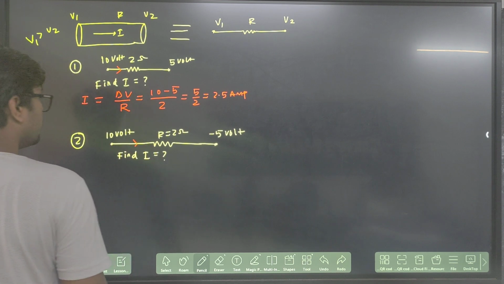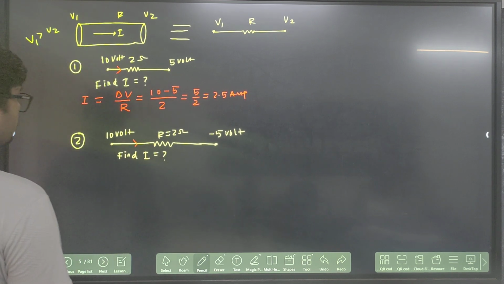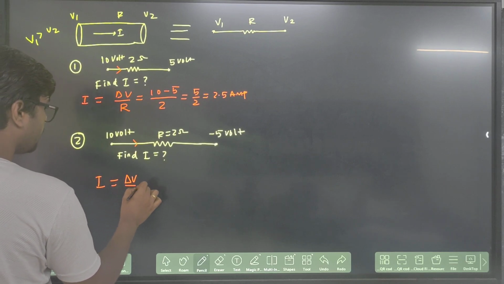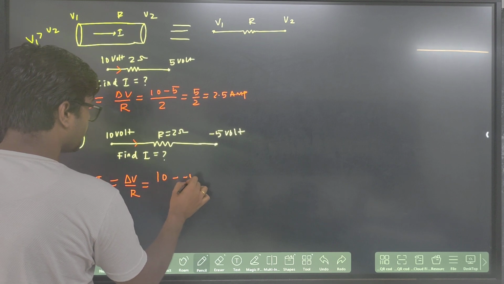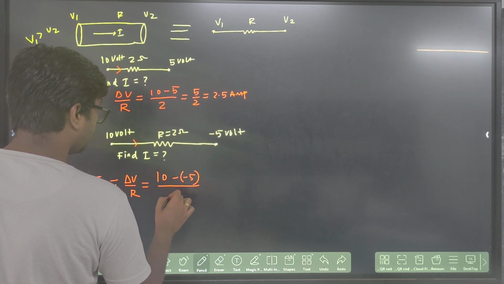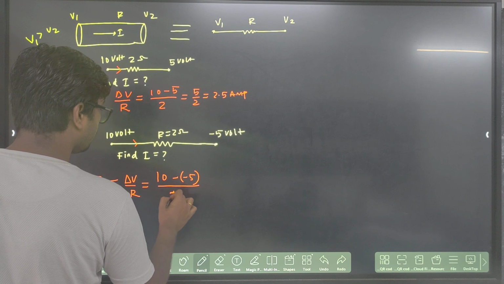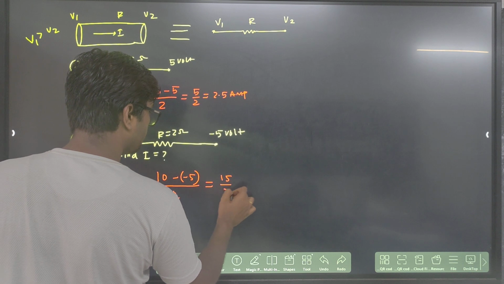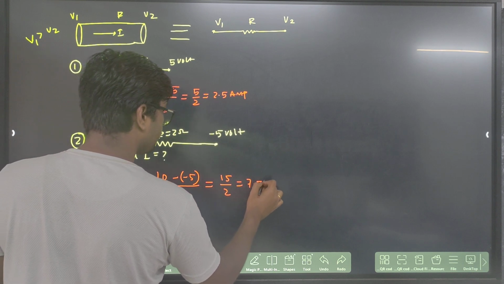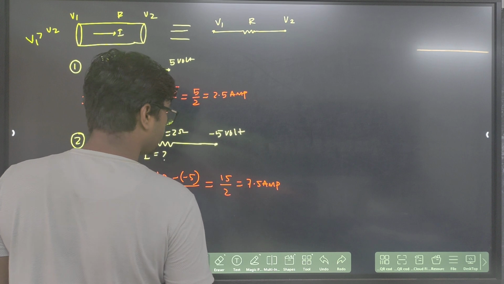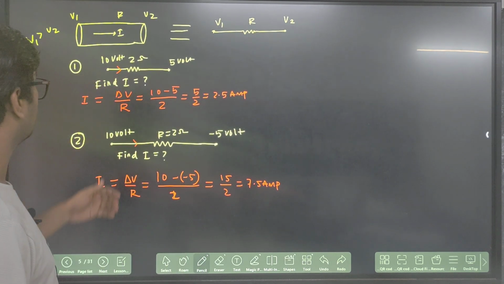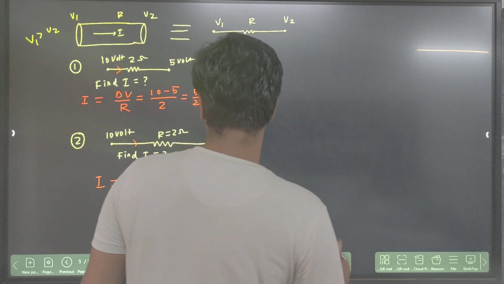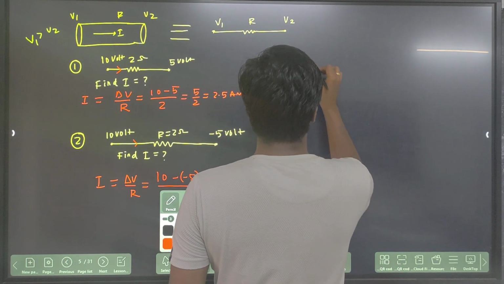So I equal to delta V by R. Delta V means 10 minus minus 5, divided by 2 ohm, which is 15 by 2, that is 7.5 ampere. This will be the current flowing through that resistor. Now let's see question number 3.